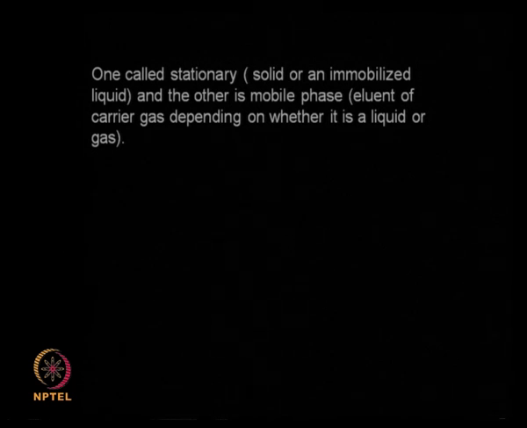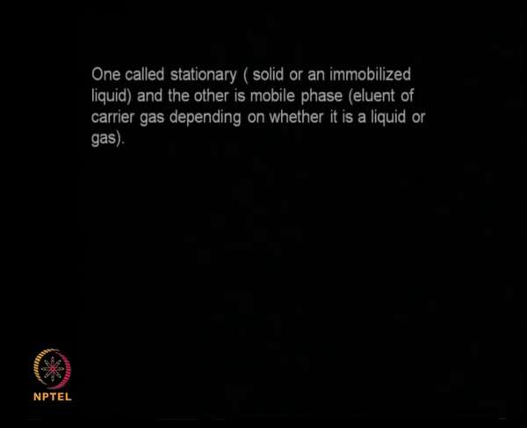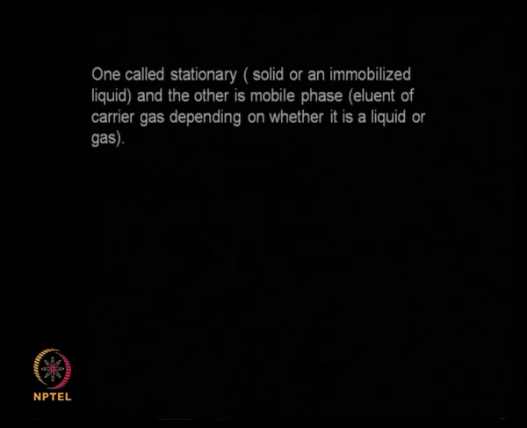So in a chromatography, what are the various components present? We have a stationary phase, that is a solid or an immobilized phase. You may have an immobilized liquid, or you may have ions, or ligands, or hydrophobic molecules, all immobilized on a stationary phase.